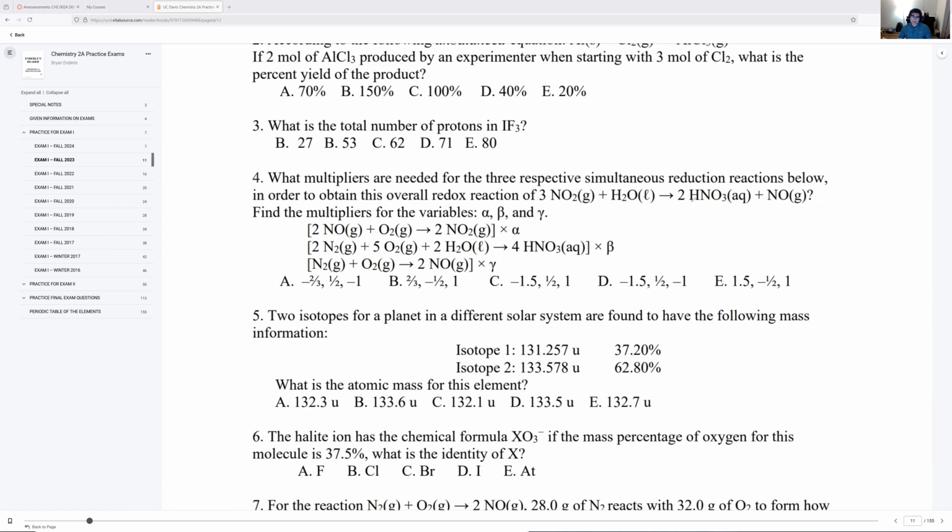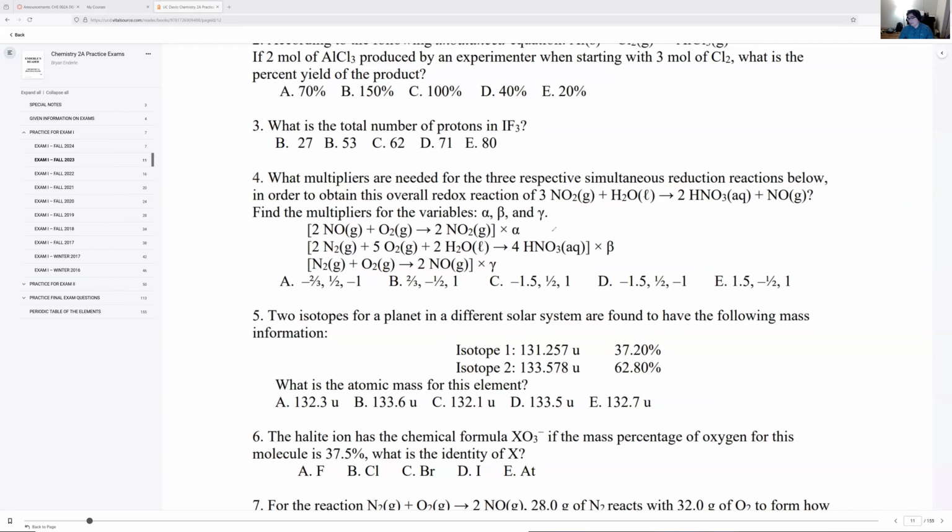And why is that helpful? Because if you look at these, the first one has an NO2. This one doesn't. The second one, the third one doesn't. So I know that the NO2 has to come from reaction 1, right? I know it has to come from reaction 1. It's the only reaction with NO2.